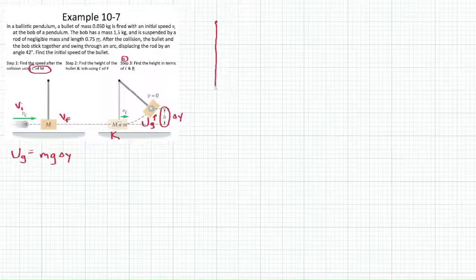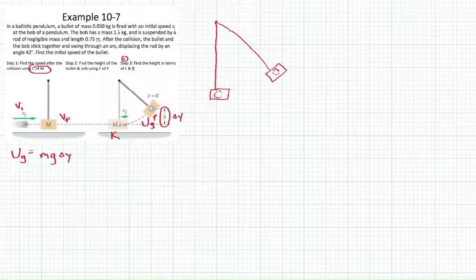Here it is vertically, and it's got this ball in there, and let's draw it at the angle to which it rises. Okay, the bullet is in there, and again, what we care about, I'm going to change to black here for a second, is this height h, or delta y.